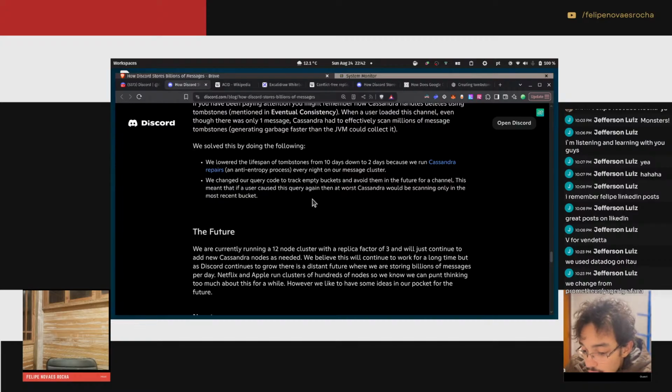This means that if a user calls this query again, then at worst Cassandra would be scanning only the most recent bucket.